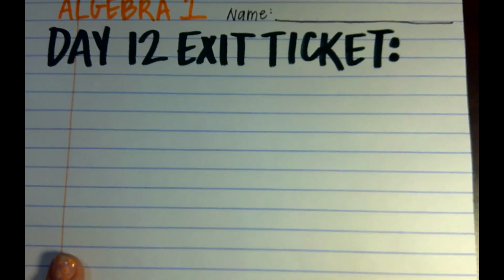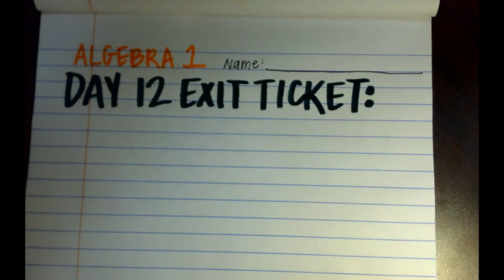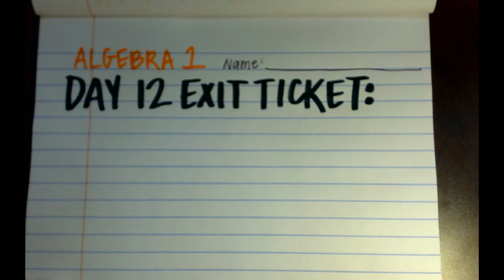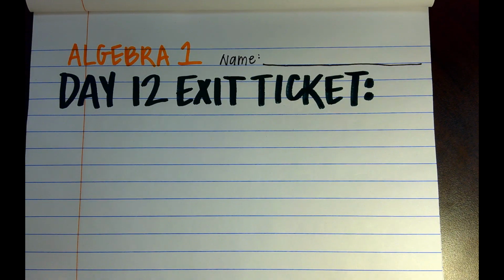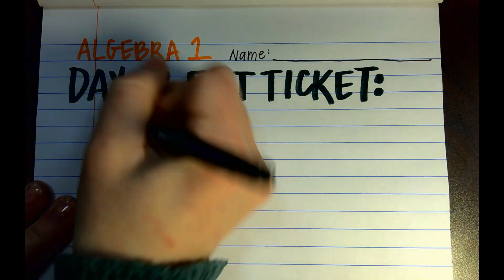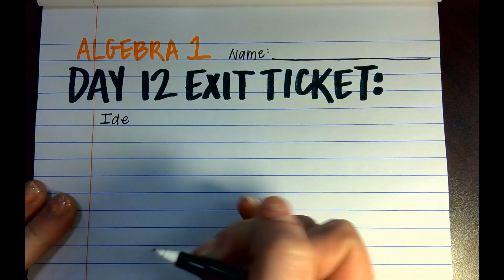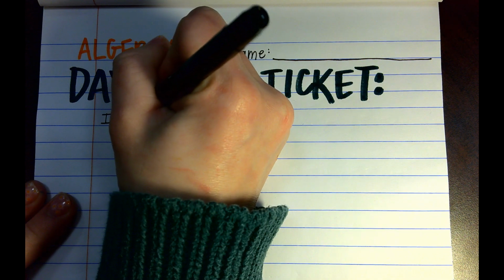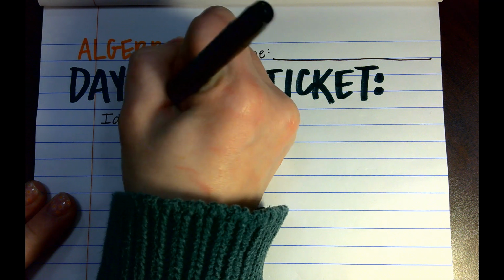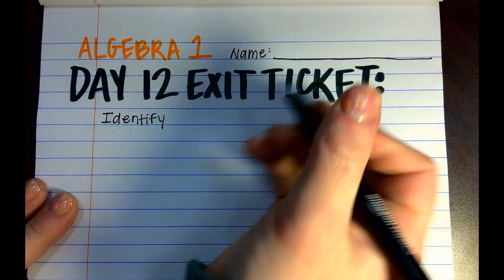Now, remember, exit tickets are always just due by Friday at noon. So you still have lots of time to finish this. If you want to wait, I will make copies of these as well if you don't feel like writing it down.